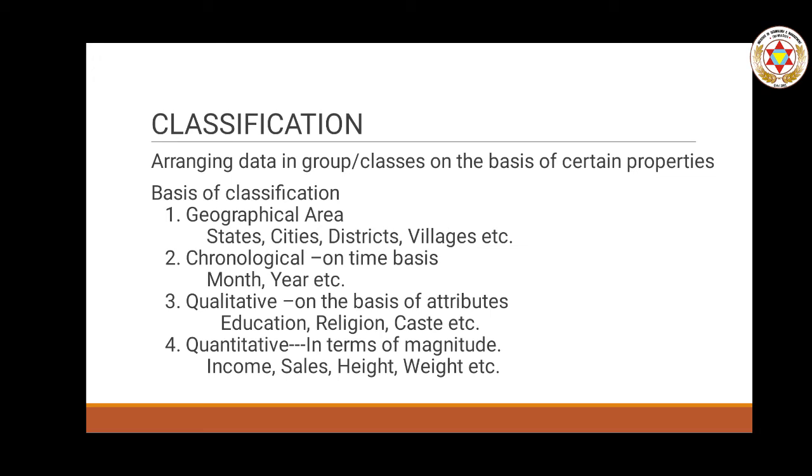On the basis of qualitative aspects, that is, attributes like education, religion, caste, etc. Or in case of quantitative data, in terms of magnitude like income, sales volume, height, weight, like this. So this way the data can be classified.